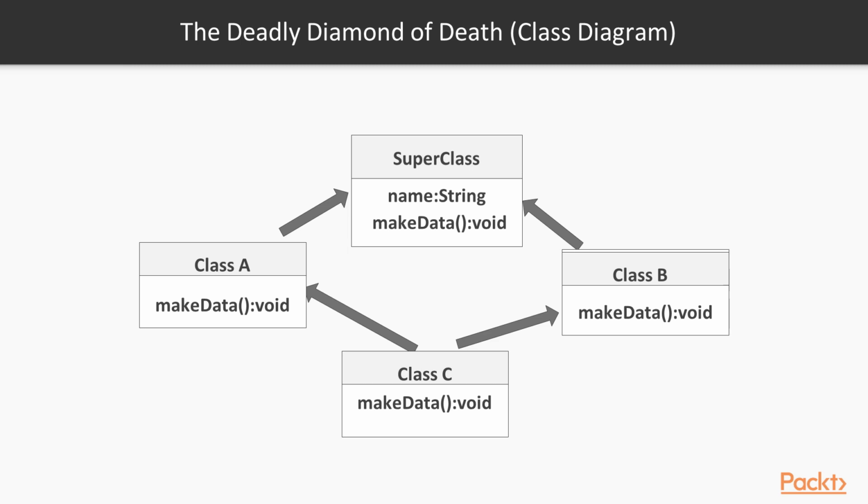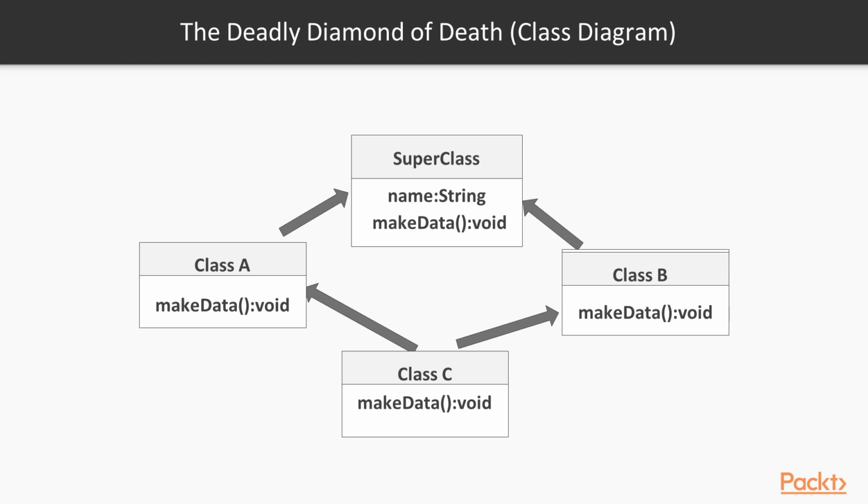Multiple inheritance relies on two derived classes which are dependent on the superclass, and then the sub-derived class, which is class C, depends on two different subclasses with the same method or variable holdings.